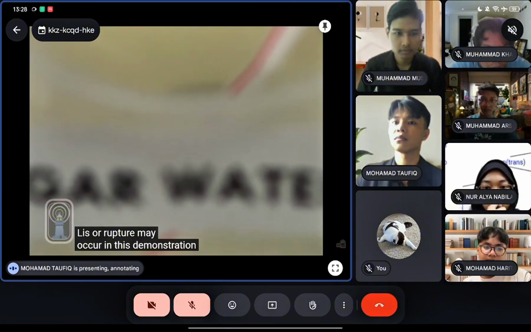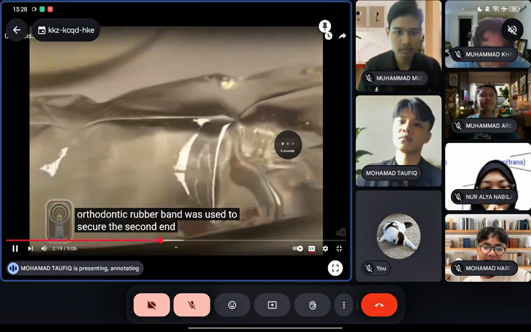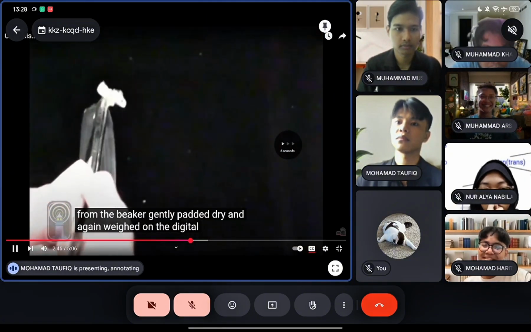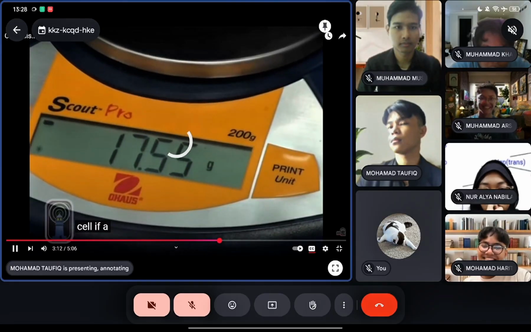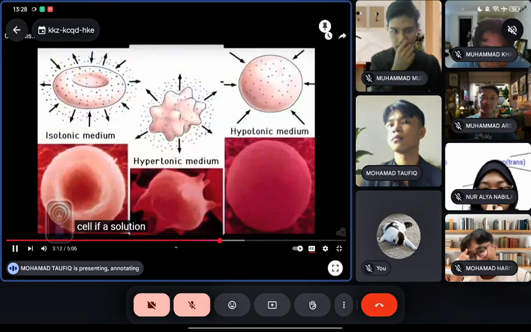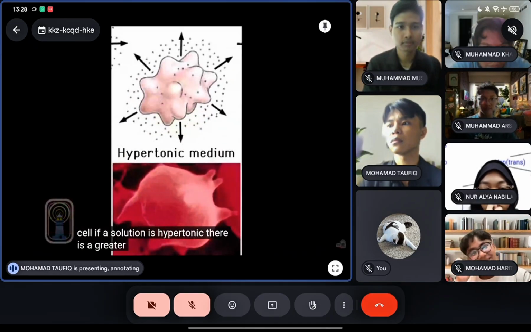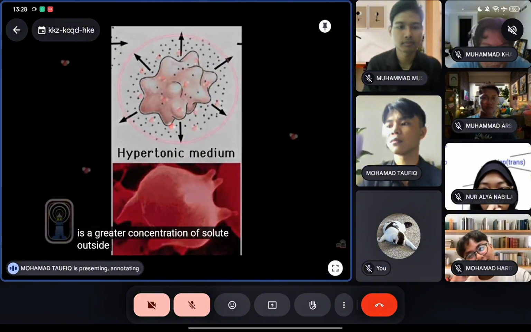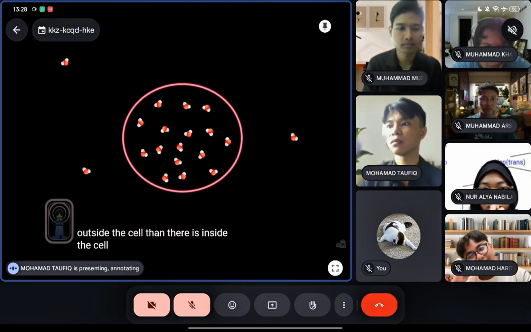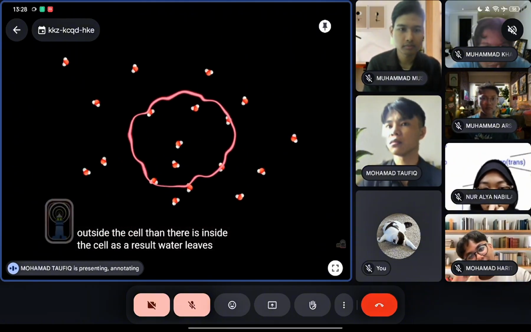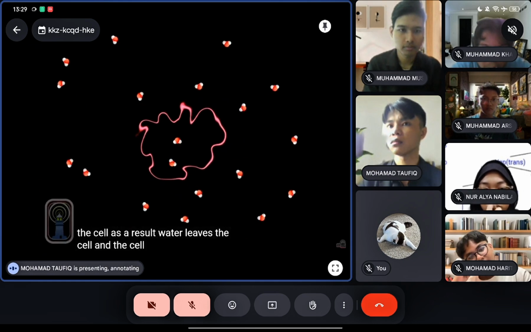A solution is hypertonic. There is a greater concentration of solute outside the cell than there is inside the cell. As a result, water leaves the cell and the cell shrinks.